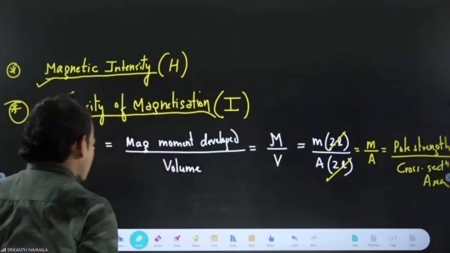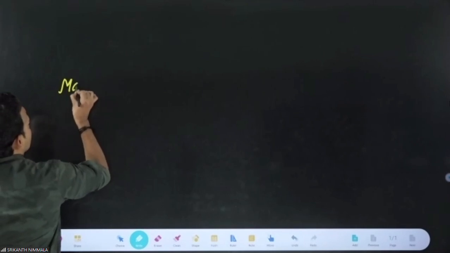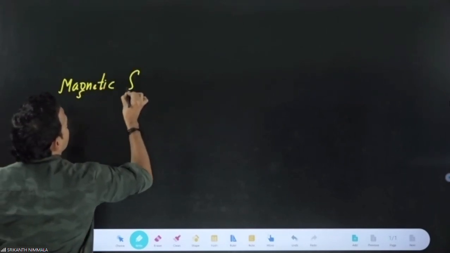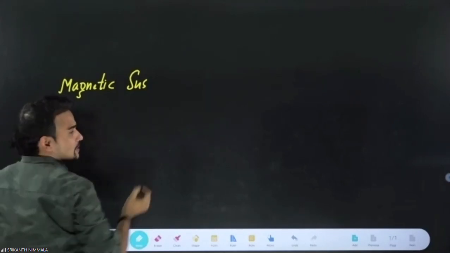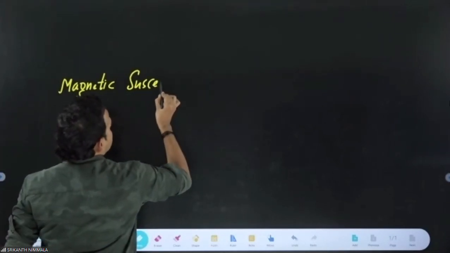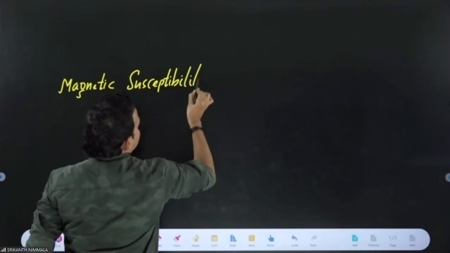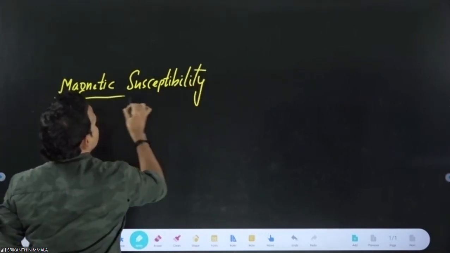You write magnetic susceptibility, which we represent by Xi.